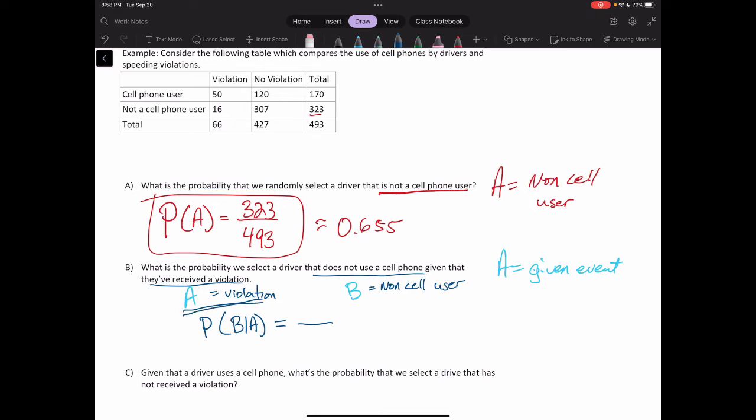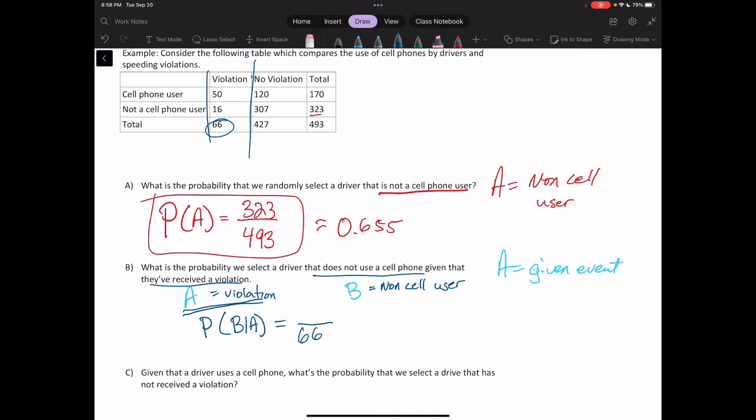How many total people received a violation? Well, if you go to our table, 66 total people have received a violation. So what this conditional probability is saying is that I am restricting my focus to only people with violations. I'm only looking right here. Out of those 66 people, how many of them now, right?